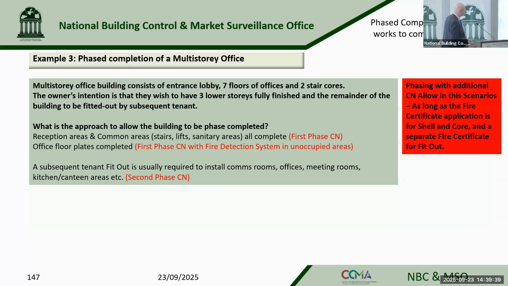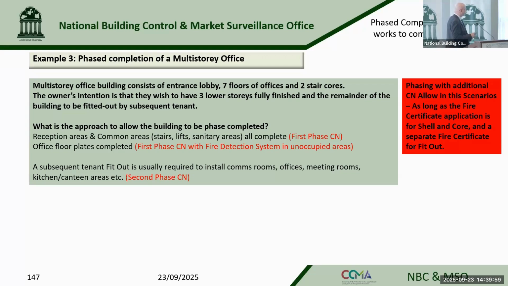So again, we look at a similar situation with a multi-storey office block. So it contains entrance, lobby, 4 floors of offices, 2 staircores, and the owner's intention is that they wish to have the 3 lower storeys fully finished and the main building fitted out by a subsequent tenant. So what's the approach? So the reception areas, common areas, lifts would be under the first CN.